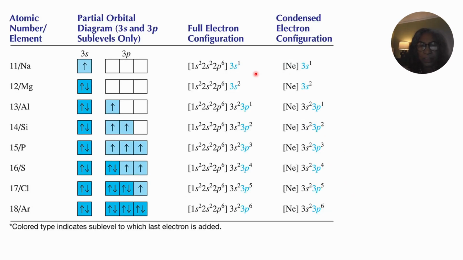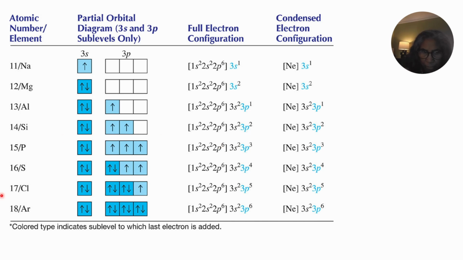I'm going to show you how simple it becomes once you have practiced the full electron configuration. Once you know how to do the full electron configuration, we use the condensed electron configuration by placing the inner electrons in a bracket using the symbol of the noble gas that precedes that atom.